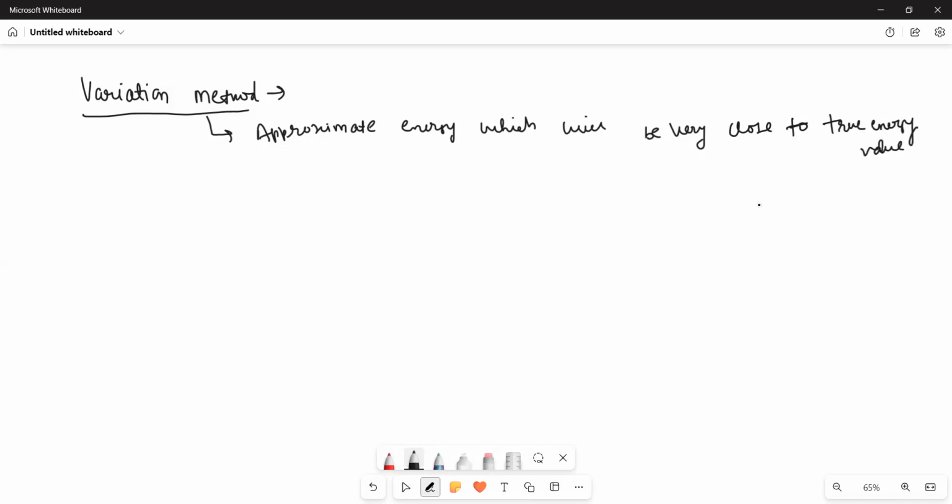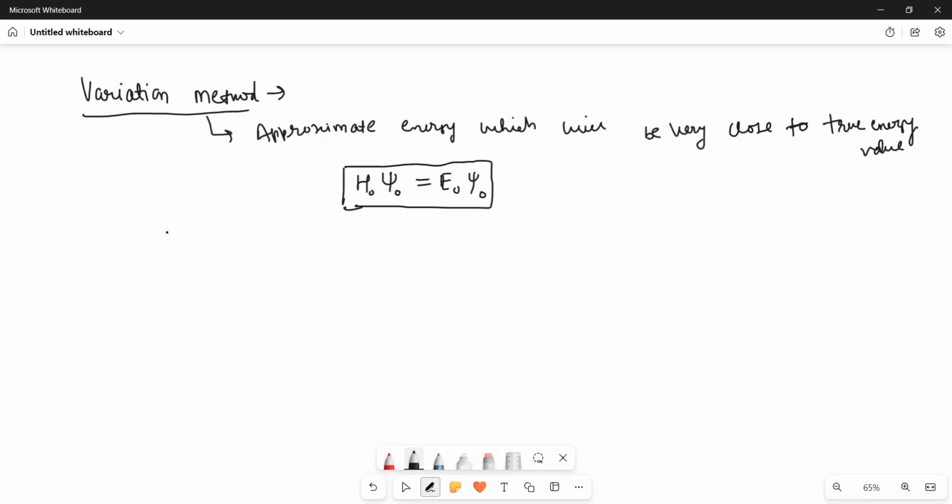Now suppose for any system, the exact wave function is known, which is psi naught. This is the exact wave function. So if we apply Hamiltonian on this, it will give the exact or true value, right? This is the case when we know the wave function.